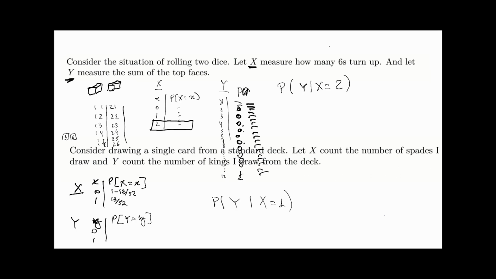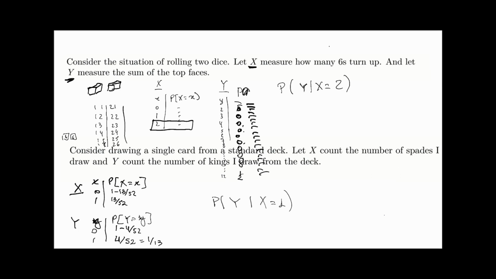It doesn't change the probability. The before probability would be, well, I have 4 kings in the deck over 52, and the rest would be here. So this is 1 over 13.